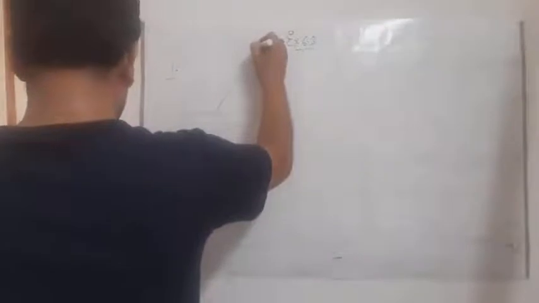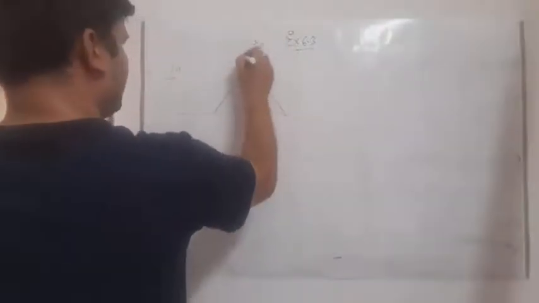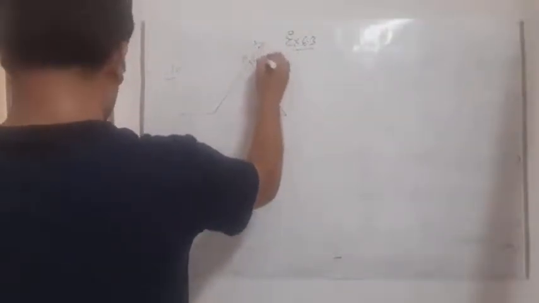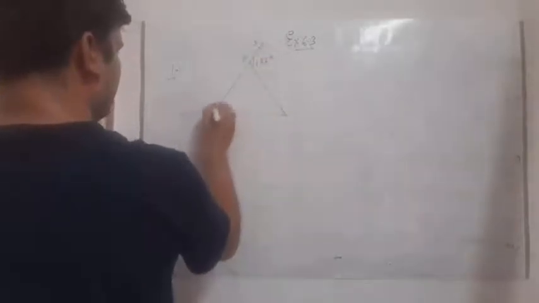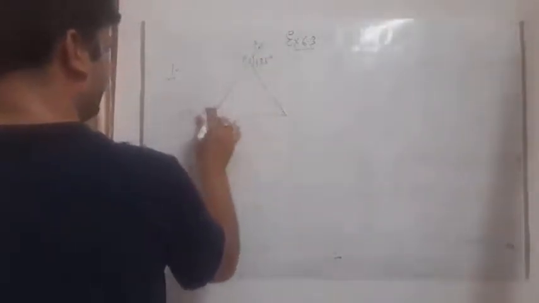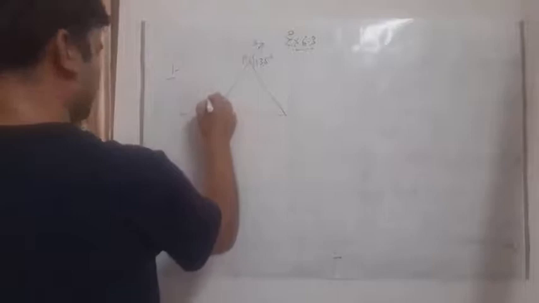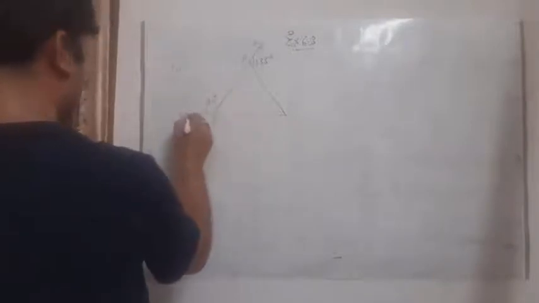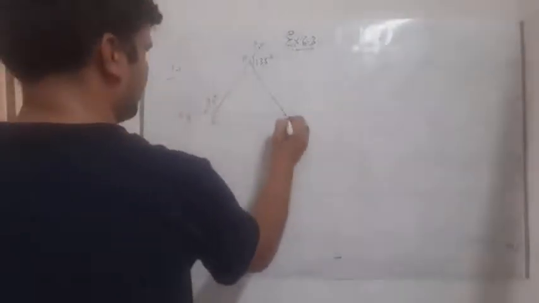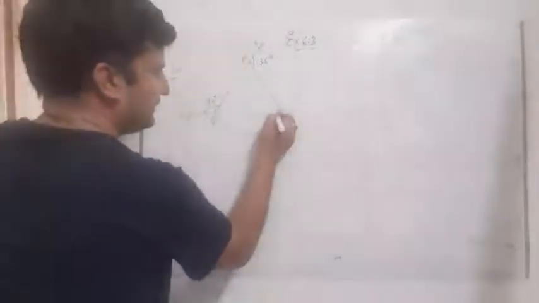This point is S, this point is P, 135 degree, similarly here Q is this point, this angle is 110 degree, this point is T and this point is R. Now students, what we have to find: angle PRQ, only this angle. How can we find it, students?